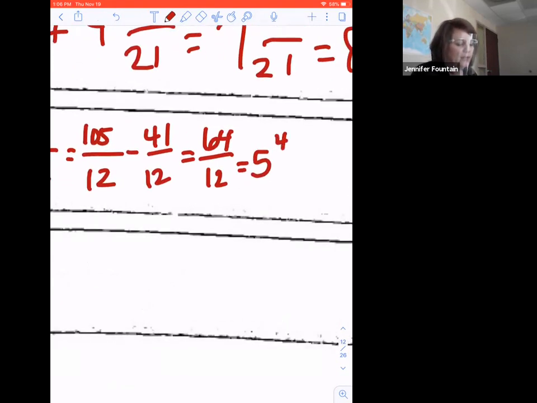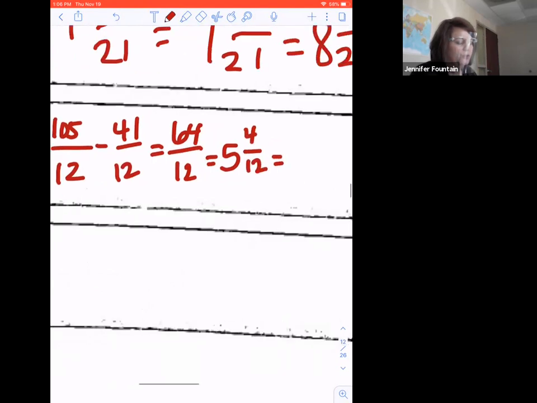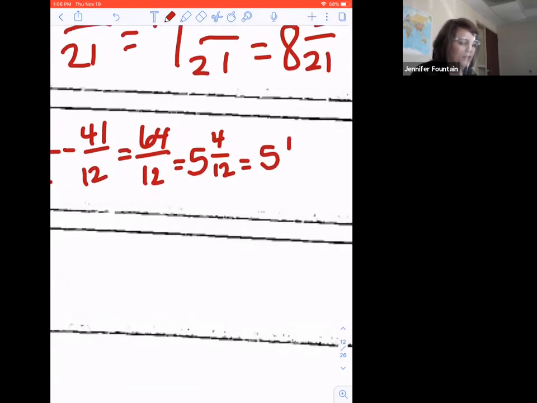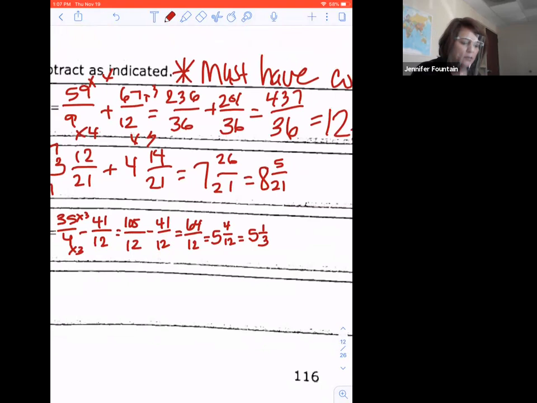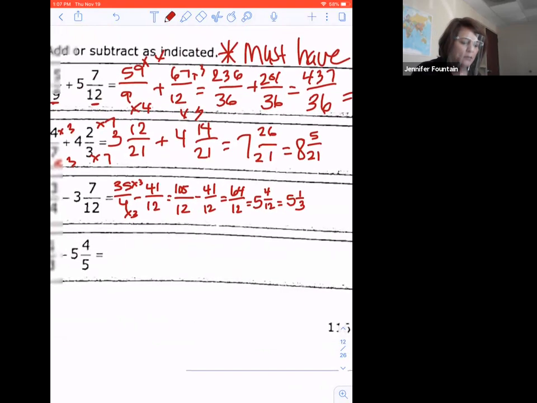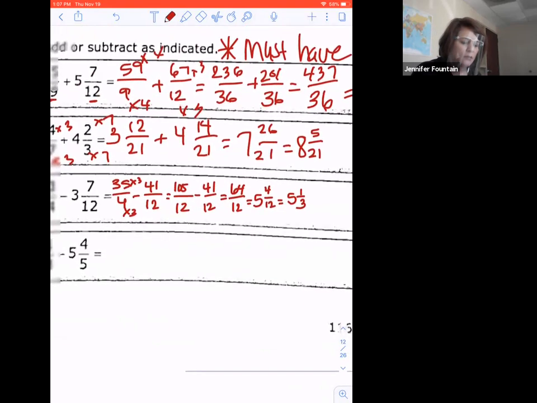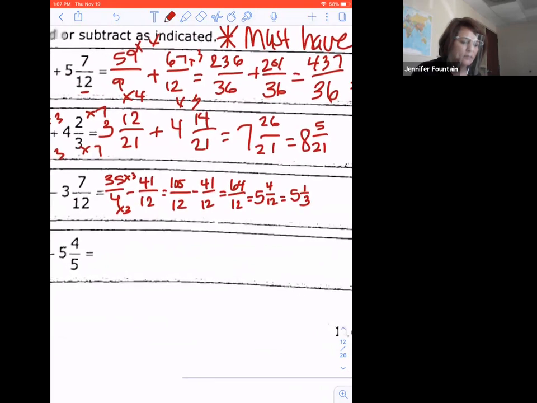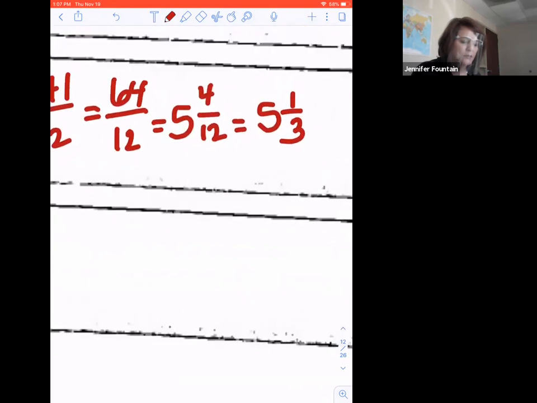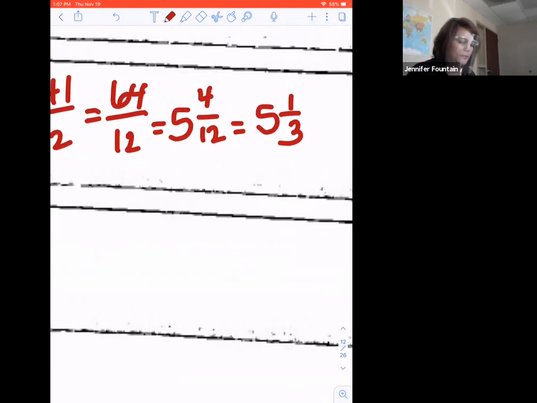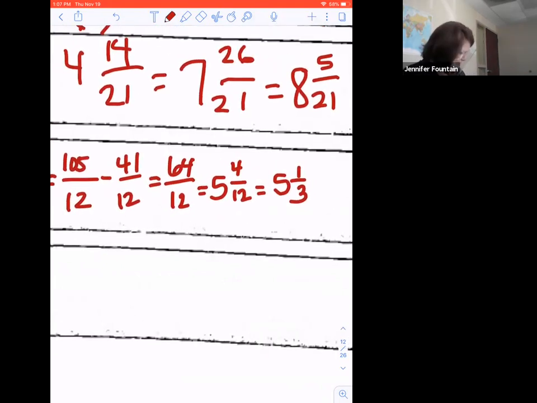We would have 4 left over, so that would be 4/12, which would reduce, and we would have 5 1/3. Nope, what did I mess up on that?